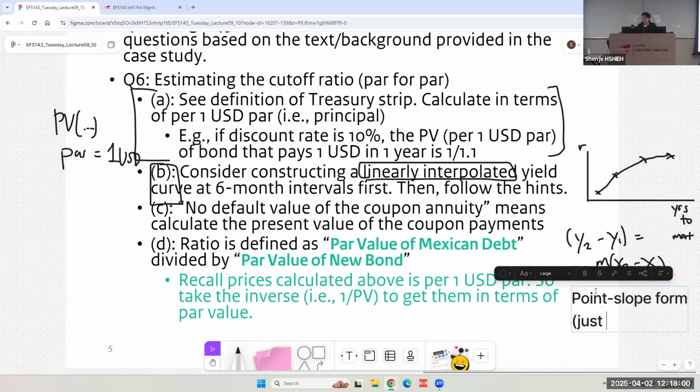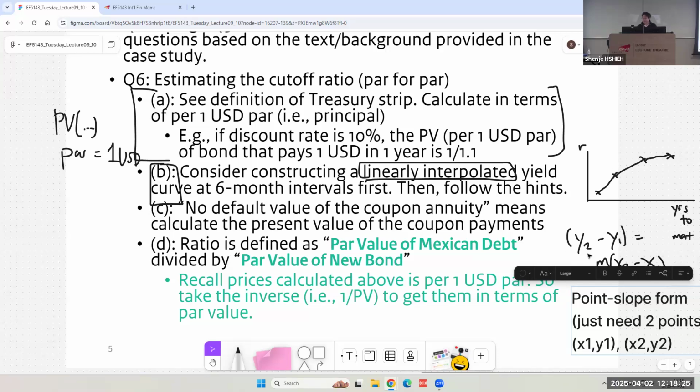You just need 2 points: X1, Y1 and X2, Y2. Just pick 2 points, years to maturity and yield, and years to maturity and yield.